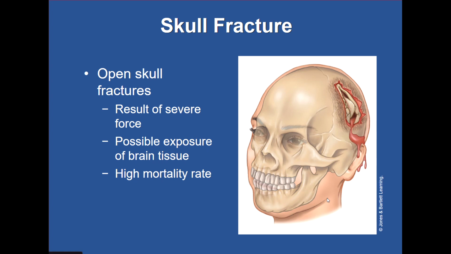Big risk for spinal injury that goes along with these just because of that impact on the head and that movement and that jarring. If it was enough to go through the skull like this, it was definitely enough to damage vertebrae and impact that spinal cord as well. So definitely with these, we're aware that there could be other injuries noted.